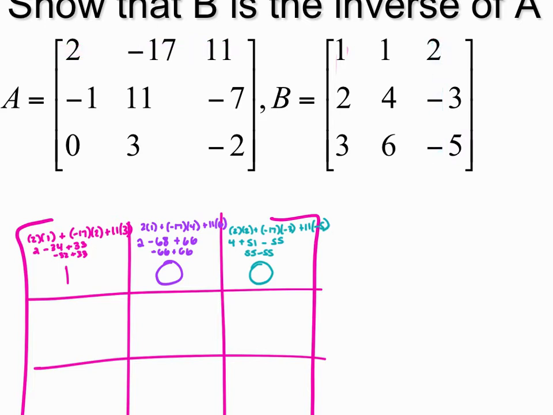Then I go row 2. Start with column 1. So -1 times 1 plus 11 times 2 plus -7 times 3. -1 plus 22 minus 21. 21 minus 21, which is 0.